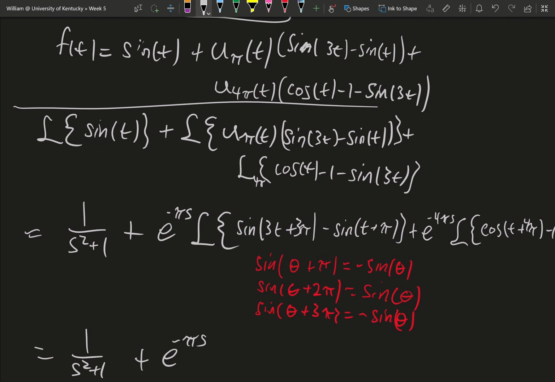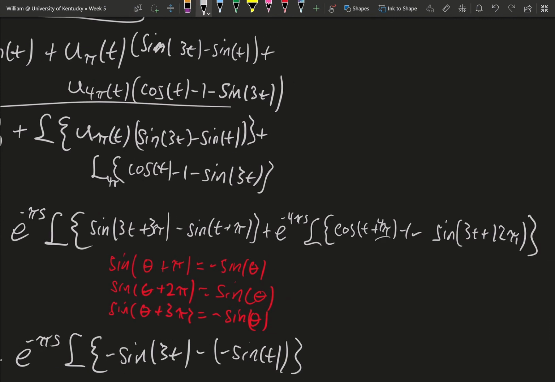So here, this is going to be the Laplace transform of negative sine of 3t, and then minus negative sine of t. Here I'm adding even multiples, so I just get back what I started with.